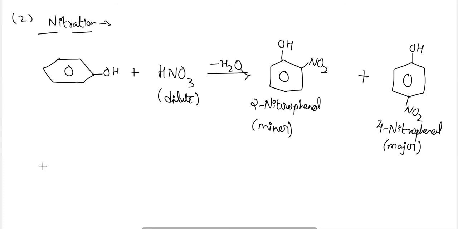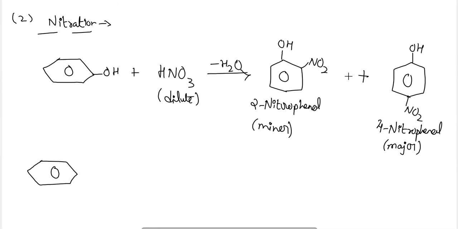One more thing: if you want to obtain pure para-nitrophenol or pure orthonitrophenol, we can use the steam distillation method.